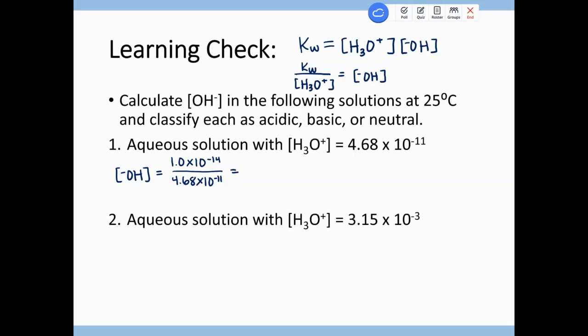So the concentration of OH minus is what that fraction is equal to, which is 0.00021, or 2.1 times 10 to the negative 4.